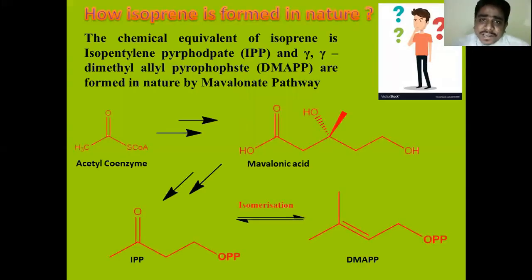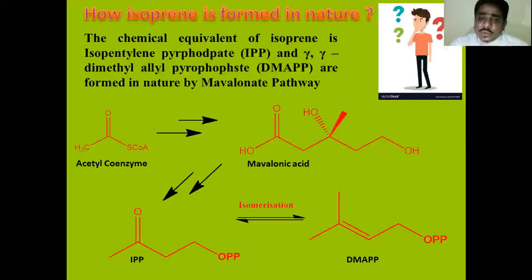Acetyl coenzyme A is the starting material for the mevalonate pathway. After a series of enzymatic reactions, this acetyl coenzyme A is converted into mevalonic acid. Further, after several steps, mevalonic acid is converted into IPP, that is isopentenyl pyrophosphate, and this isopentenyl pyrophosphate is isomerized into DMAPP, that is gamma-gamma dimethyl allyl pyrophosphate.